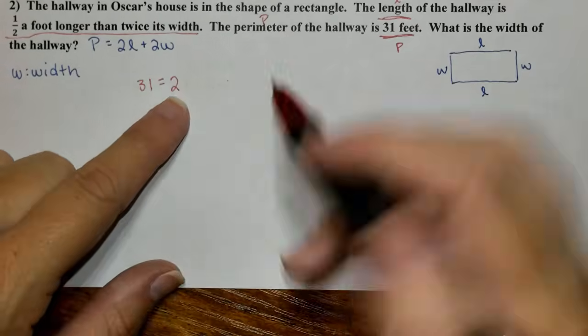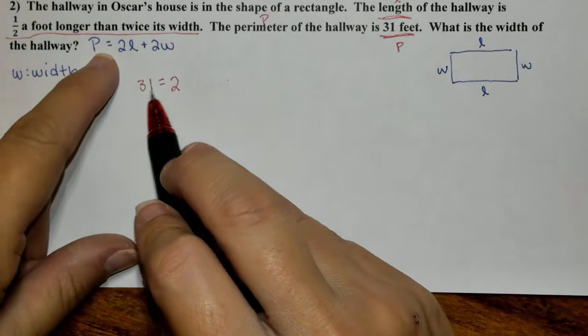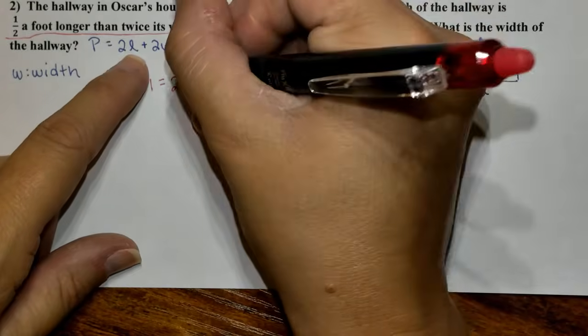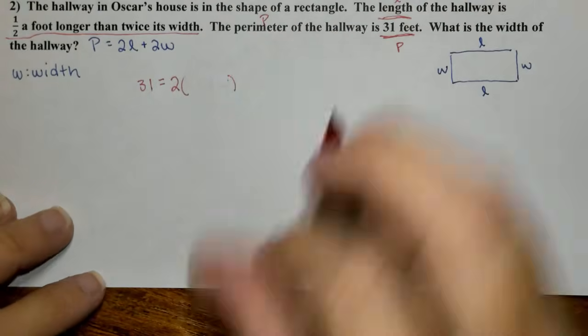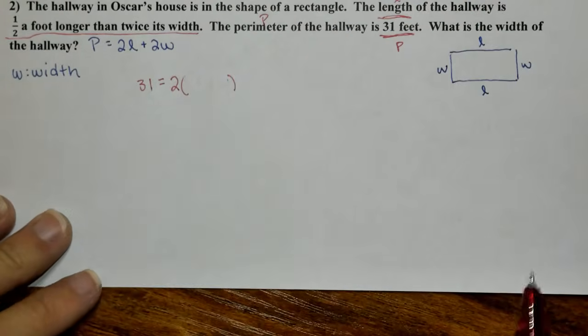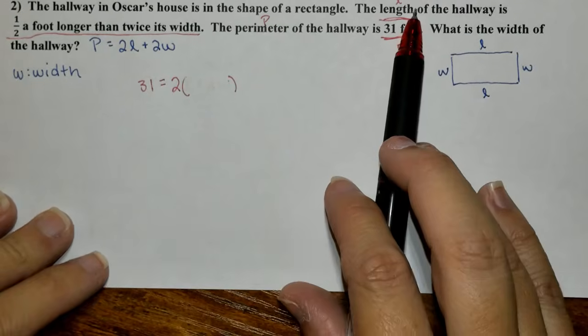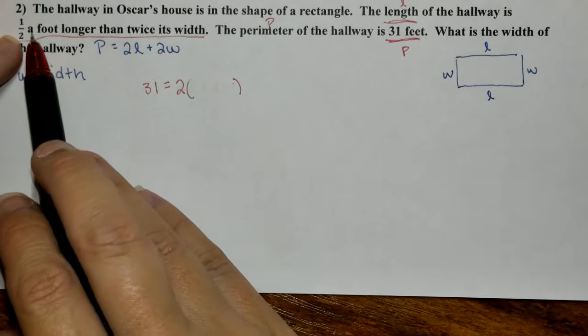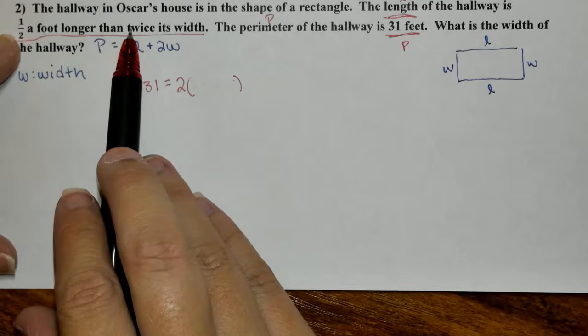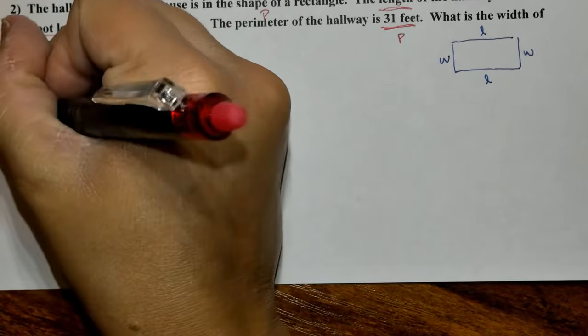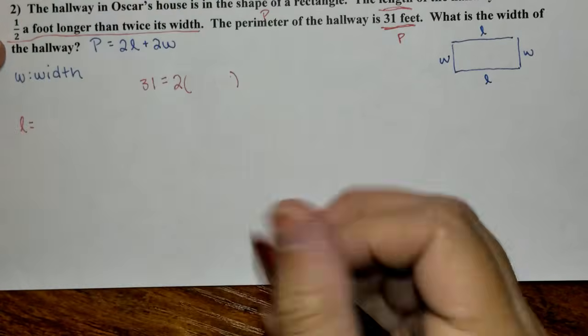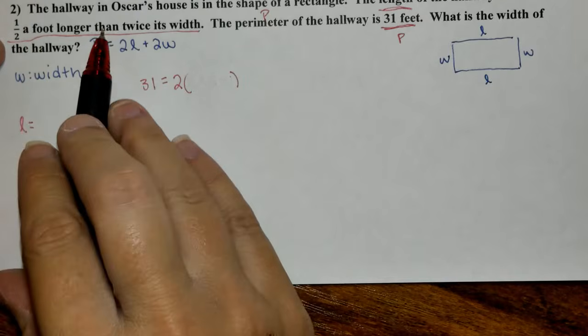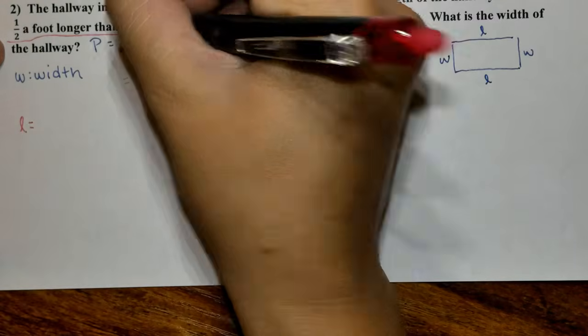So right now, I've got perimeter equals 2 times the length. Okay, and I'm going to put this in parentheses, and that's just because I'm multiplying. So 2 times the length, and the length is all of this, half a foot longer than twice its width. All right, so our length, I'm going to write this over here, is half a foot more than whatever twice its width is.